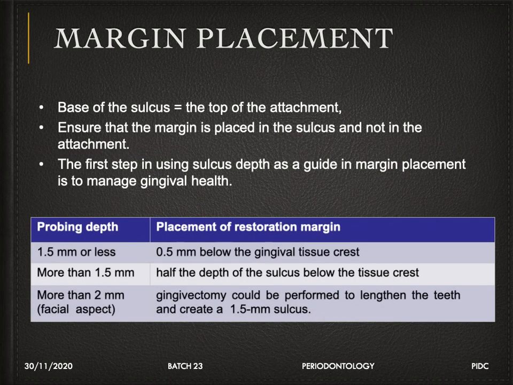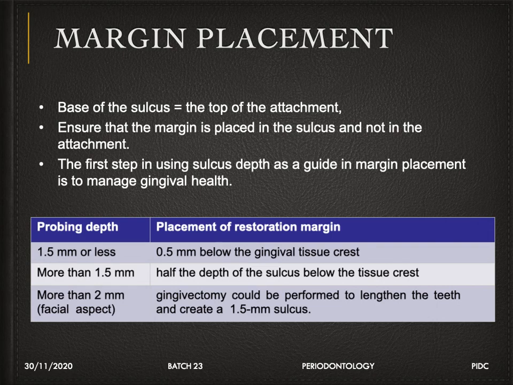This is an example of margin placement guidelines, where the margin should be placed when the patient is treated with either a crown or a subgingival filling. If the probing depth is 1.5 millimeters or less, place the restorative margin 0.5 millimeter below the gingival tissue crest so that it will not violate the biological width.